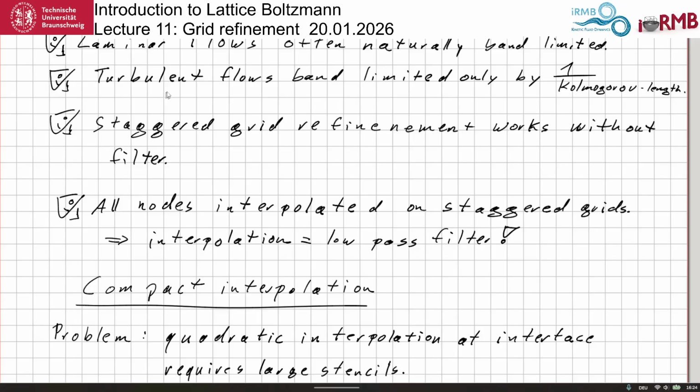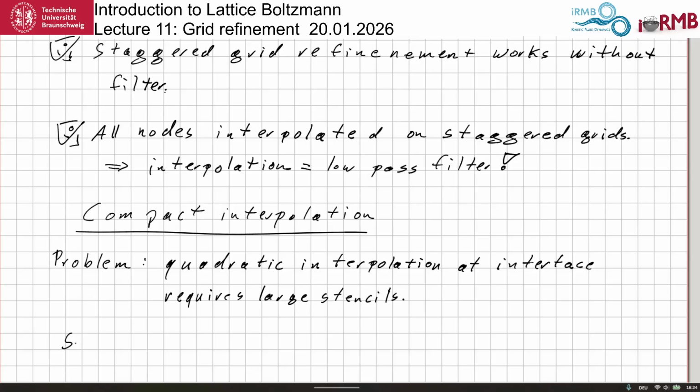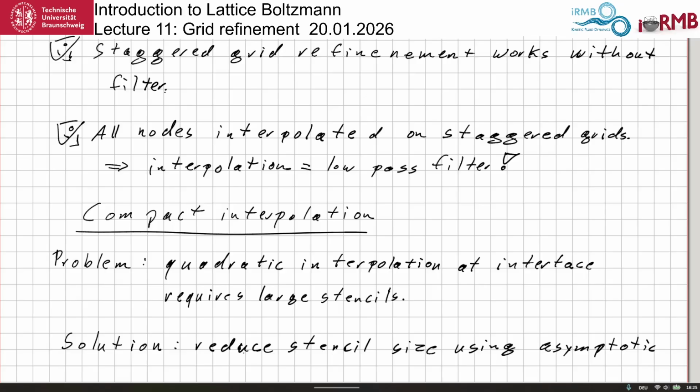We always care about efficiency, so the question is how to reduce this, and for this we use the techniques that we learned from asymptotic analysis. So reduce stencil size using asymptotic analysis.